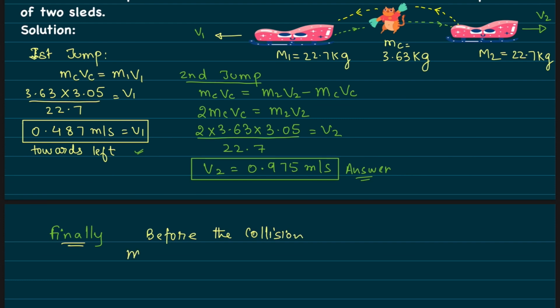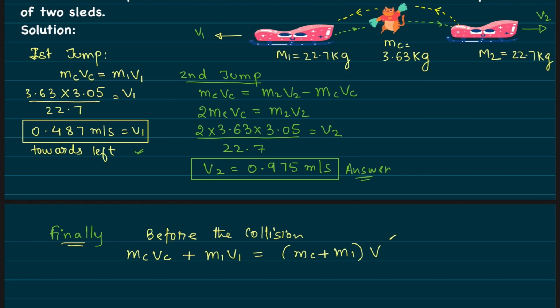Mass of cat, speed of cat, plus mass of sledge, speed of sledge. This is the before, and when the cat is inside the sledge, then they will move together. So we can write mass of cat plus mass of sledge with common velocity. Let's say it is v dash.